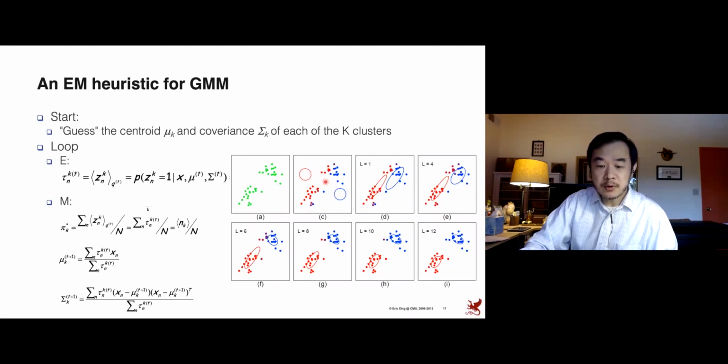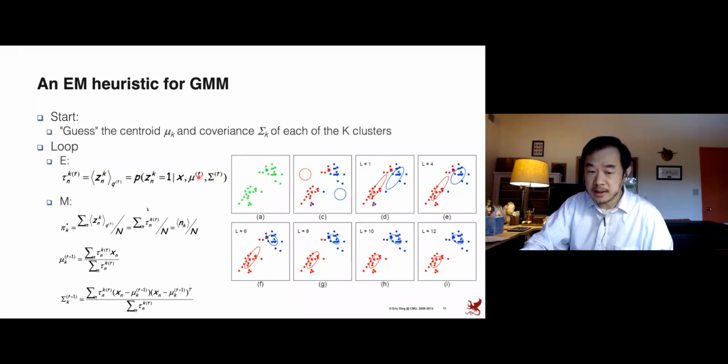And then what you are going to do is the following estimation of the z. For each of these points, you are going to compute this quantity, which is the posterior probability of the z label or z indicator given the observation x, or given the position of x, and also given your current value of the parameters, the mu and the sigma at time iteration t.